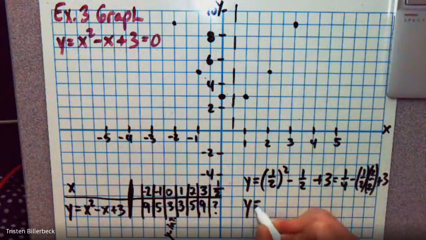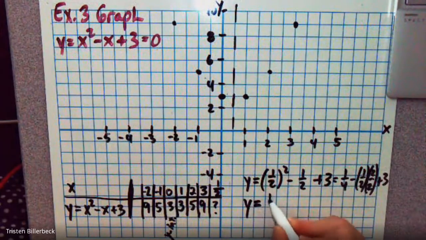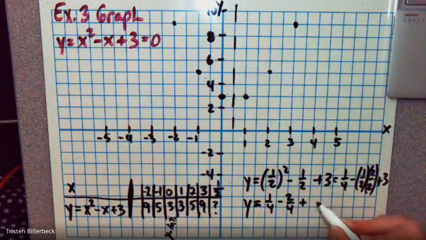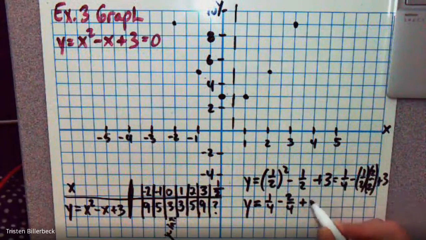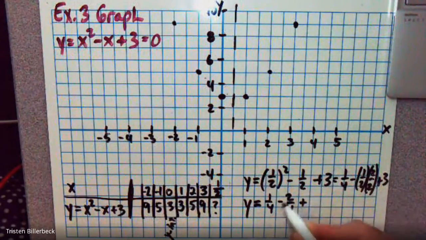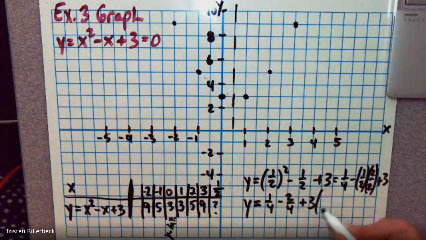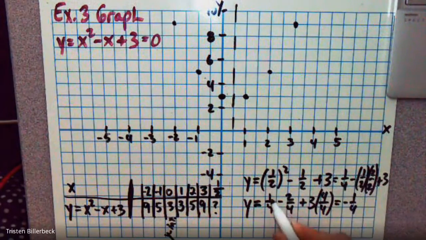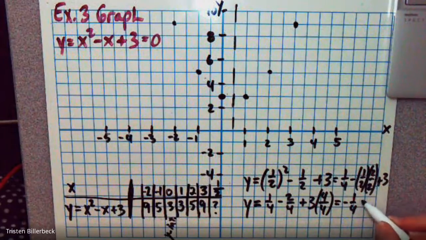So y equals 1/4 minus 2/4 plus, and if we really want to, this looks like it's going to be negative, so we might want to do this, 12/4. So that gives me negative 1/4, because 1/4 minus 2/4 is negative 1/4, plus 12/4.